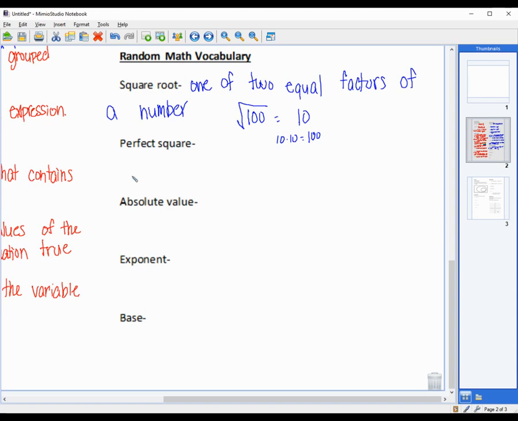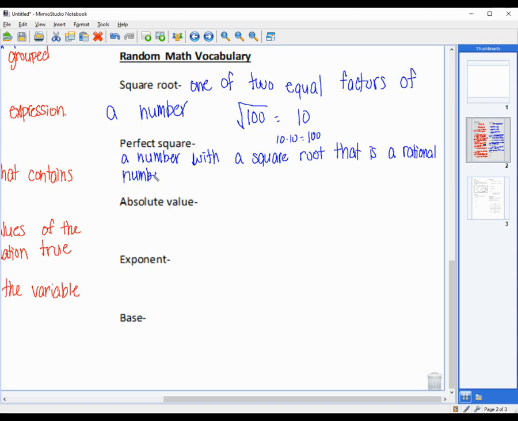Perfect square, okay? A perfect square is a number with a square root that is a rational number. All right.